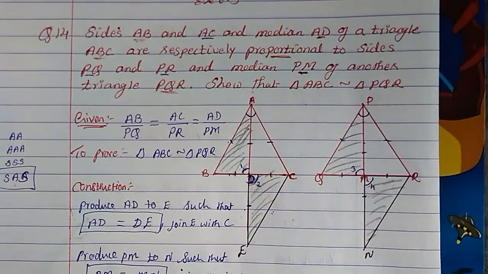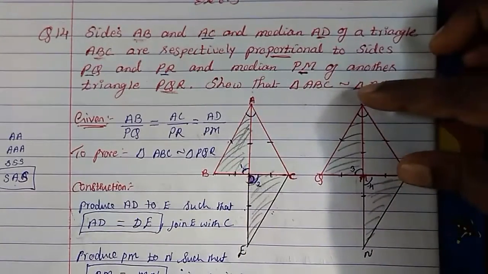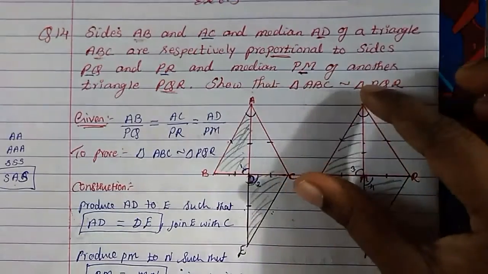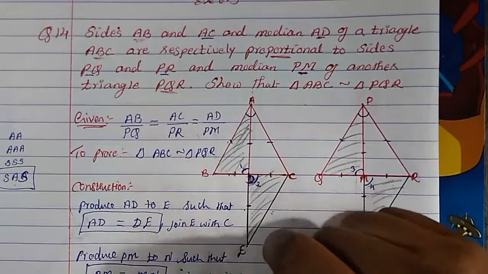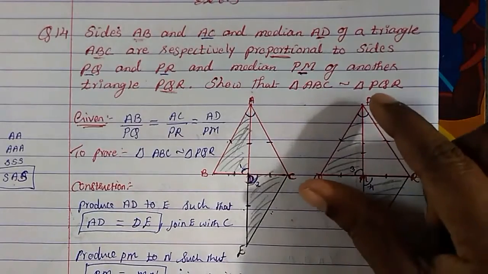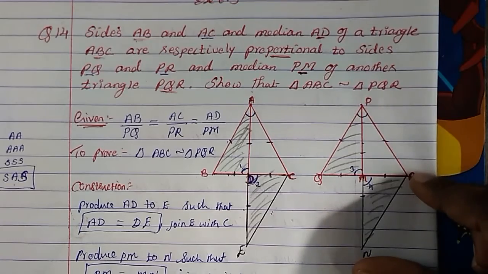Okay, so now look at this triangle. So we know AC upon PR is given to us. This side is equal. Okay, now AB upon PQ. Just now we have proved that AB is equal to CE. Same way, PQ is equal to RN or NR. Just now we have proved.